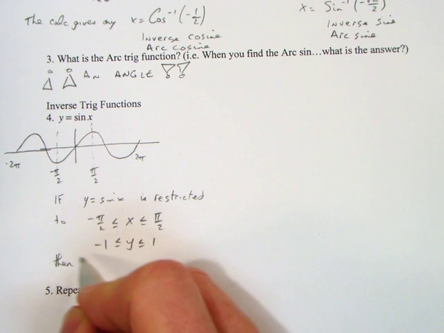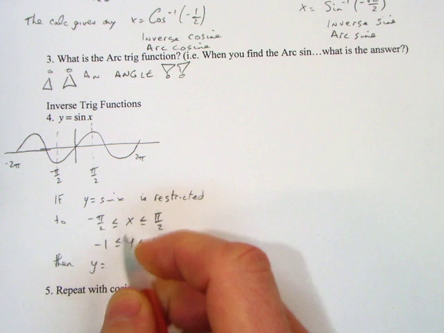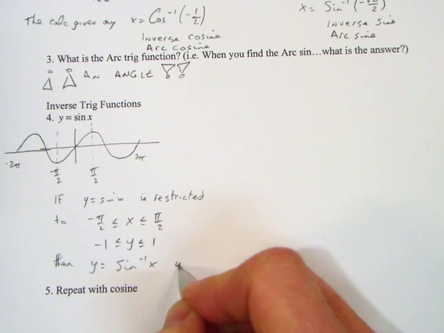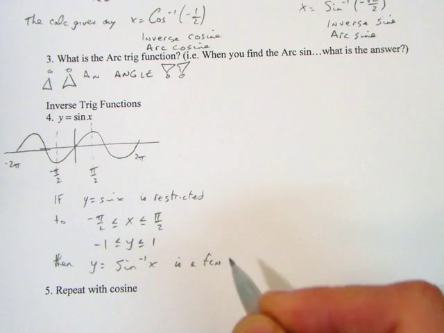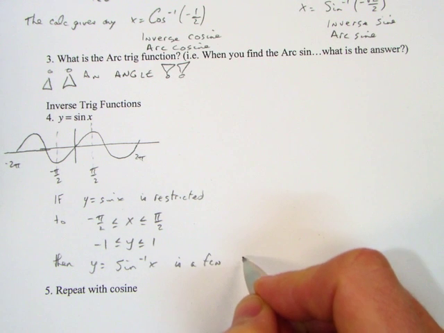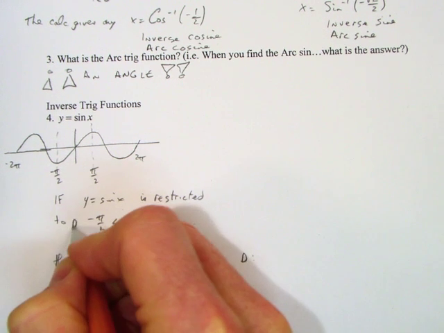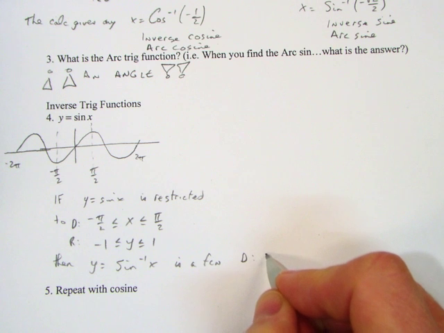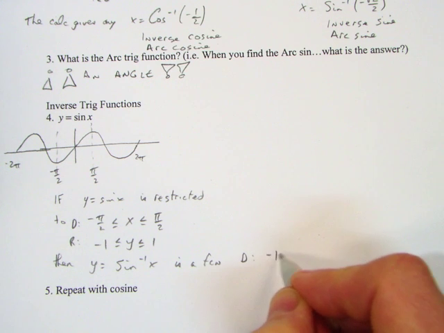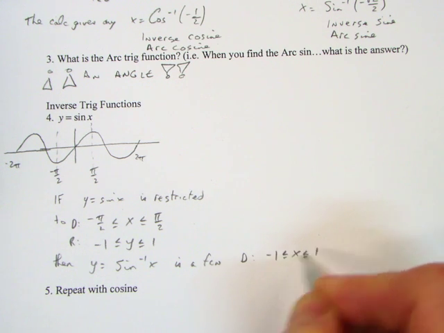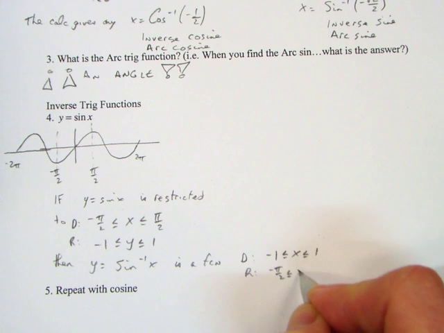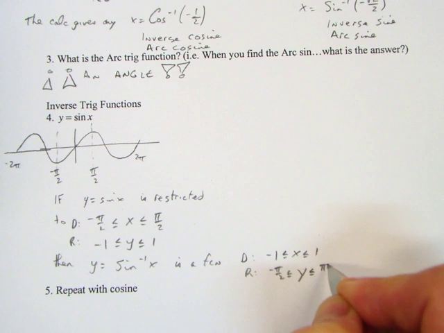Then y equals inverse sine of x is a function. And what is its domain? Its domain will be, let me just put D there. I'm not using all the formal notation, but that's okay. Remember, the x and y are switched, so we're going to say between -1 and 1, and our range now will be between -pi/2 and pi/2.